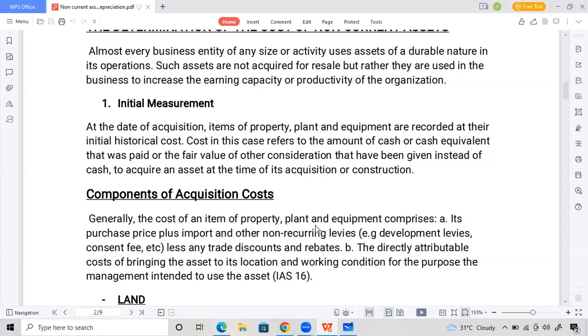Fair value is, what if you want to sell your laptop? How much are you going to receive? Let's say it's 10,000. So that is the amount that we are going to use as the consideration that you pay to acquire the asset.